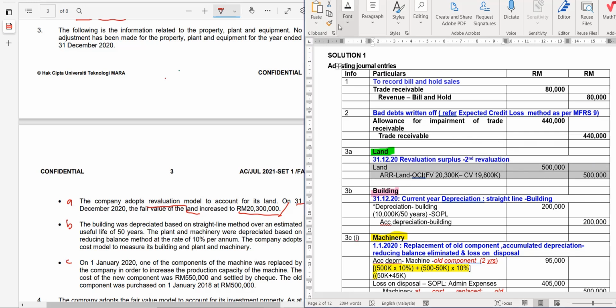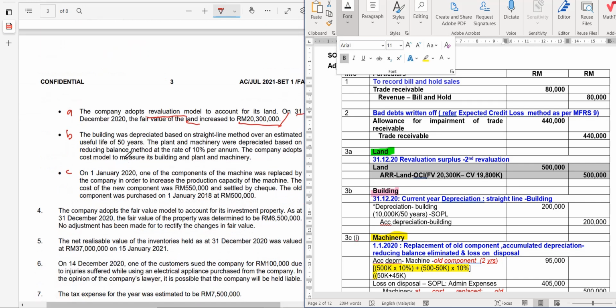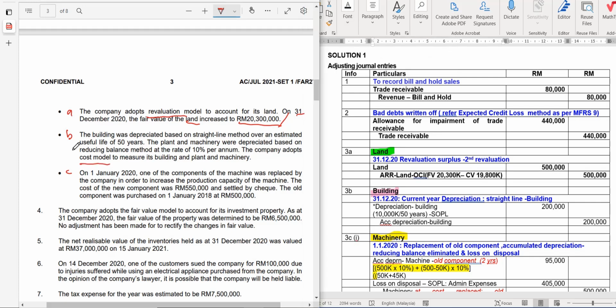So it was the second revaluation. Why it was the second revaluation? The reason is because if you go down to information B, you were informed that for other asset, which is also PPE, building and plant and machinery, it was using cost model. For land, it uses revaluation model.